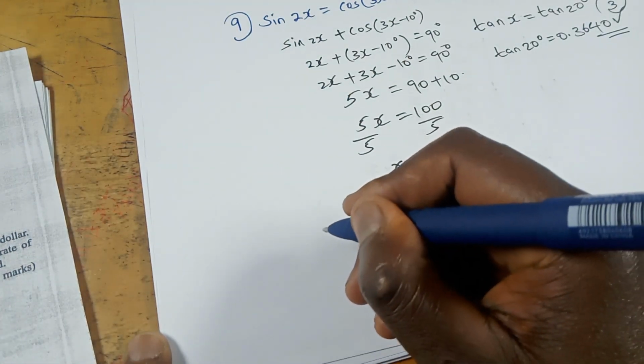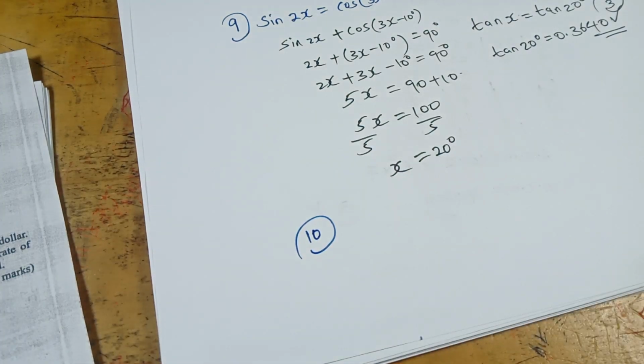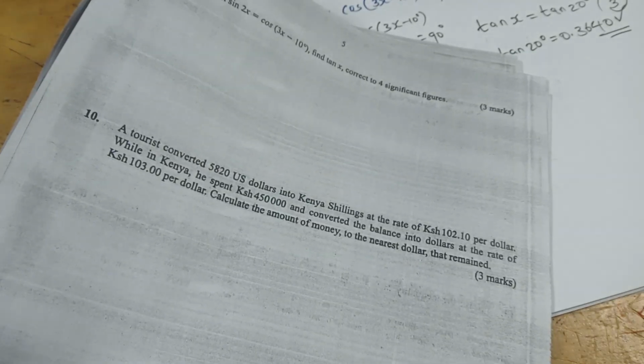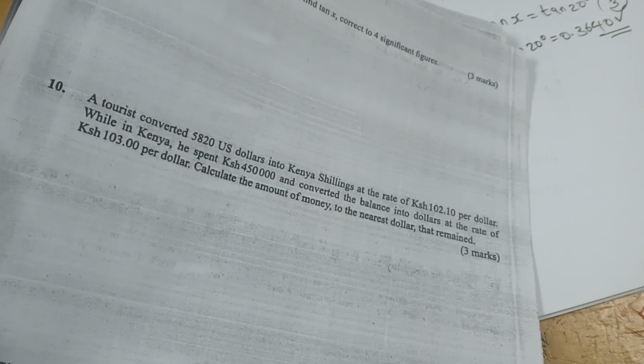Question 10 reads: a tourist converted 5,820 US dollars into Kenyan shillings at a rate of 102.10 per dollar.